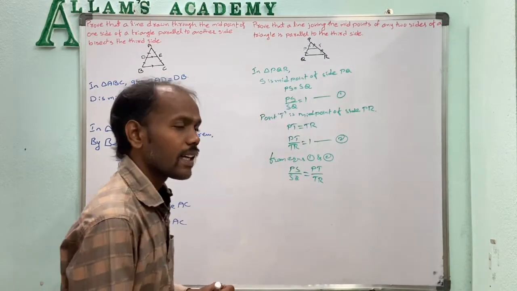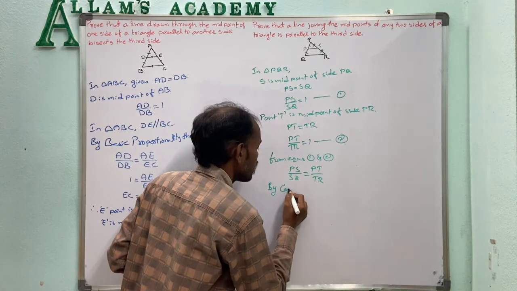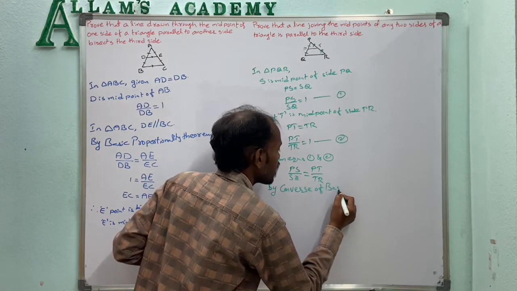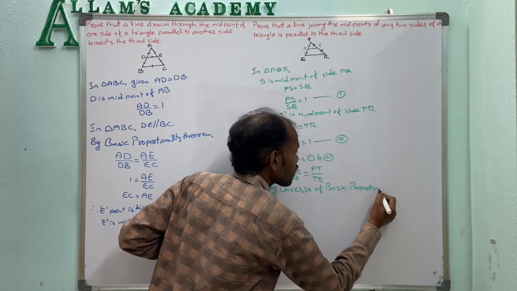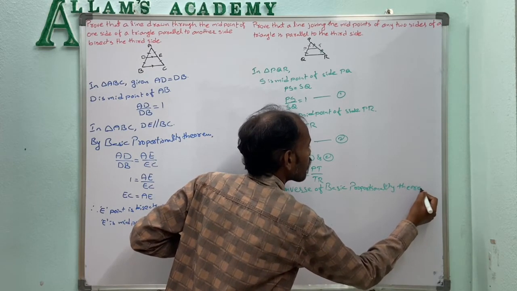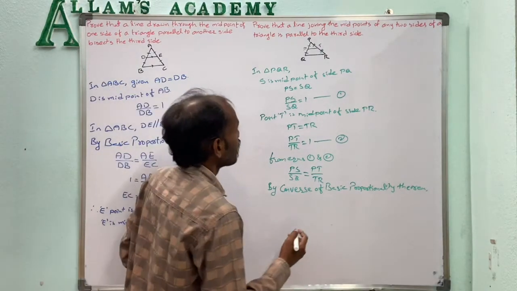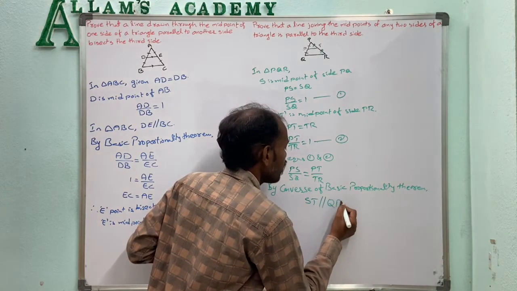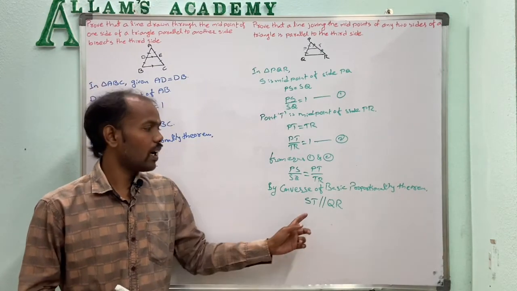That is nothing but the converse of the basic proportionality theorem. So by the converse of the basic proportionality theorem, now we can say that line ST is parallel to line QR. ST is parallel to QR.